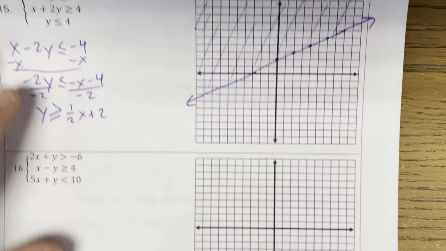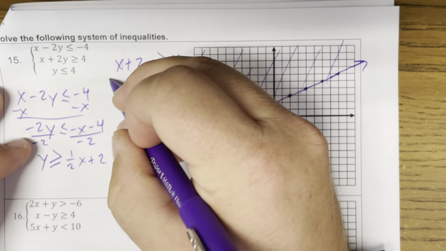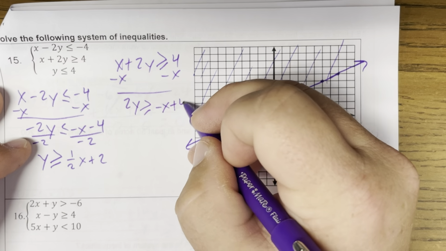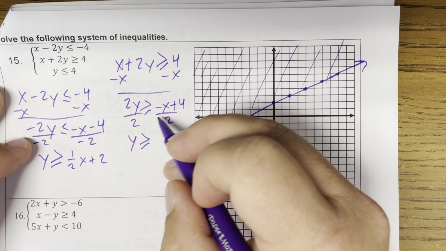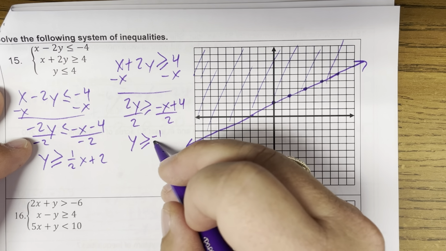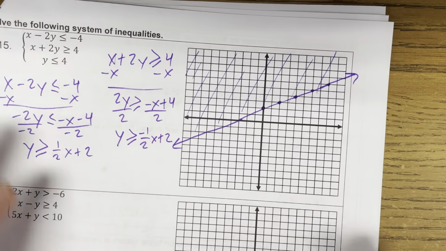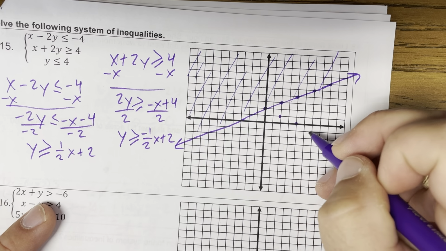All right, my next one, I've got x plus 2y is greater than or equal to 4. We'll subtract the x over. So 2y is greater than or equal to negative x plus 4. We'll divide by 2 to get y is greater than or equal to negative 1/2 x plus 2, because we didn't divide by a negative. So we'll start at 2 again. This time we're going to go down 1 over 2, down 1 over 2.